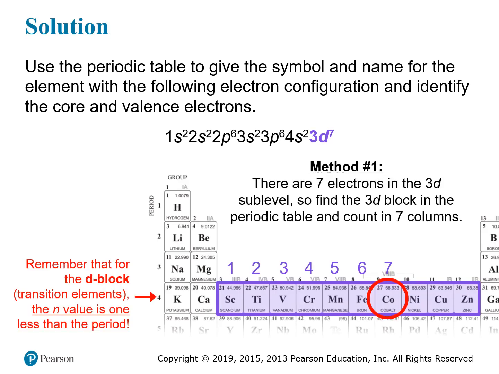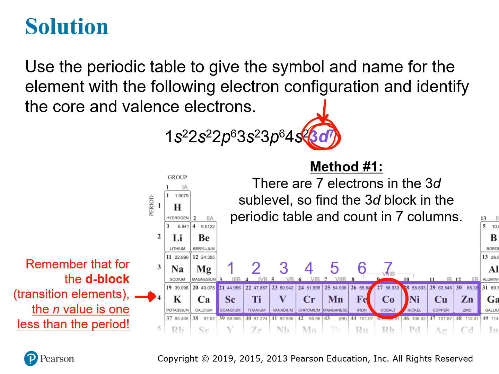One is if you get familiar with the different blocks in the periodic table, the s block, the p block, and the d block, then you can just look at which is the last sublevel in the electron configuration. In this case, it's a 3d sublevel. So you can find the d block and figure out which row corresponds to n equals 3. Just keep in mind it's going to be the 4th row because the d block is 1 less than the row number, the period number.